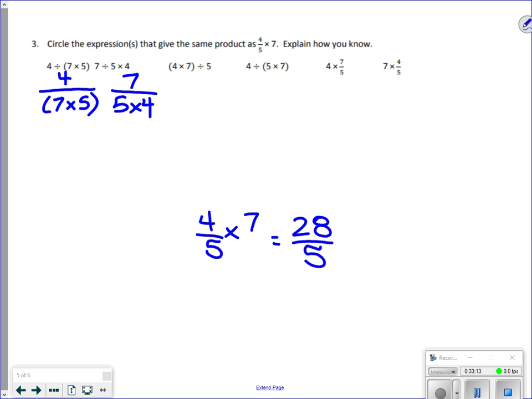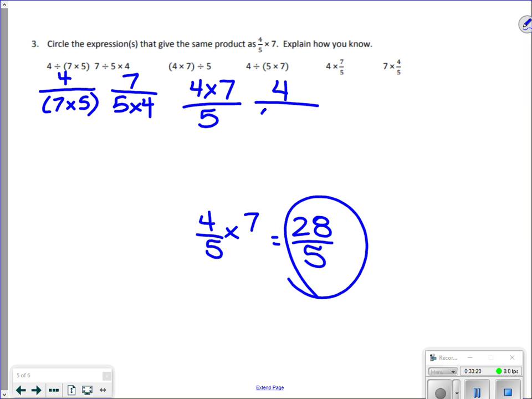I'm kind of showing you how to write it, and then you're going to have to show me which ones would get you to that point. 4 times 7 divided by 5. 4 divided by 5 times 7. And then those last two I'm not doing. So you circle the ones that would get you there.